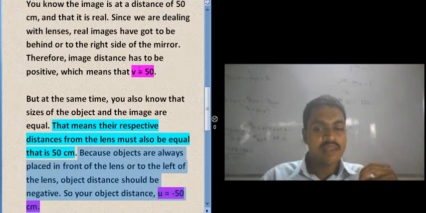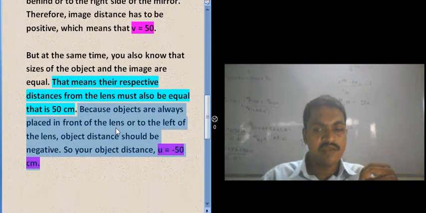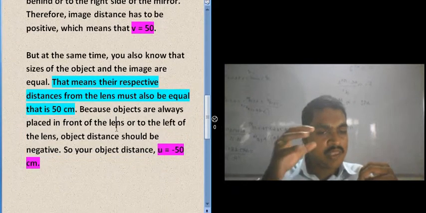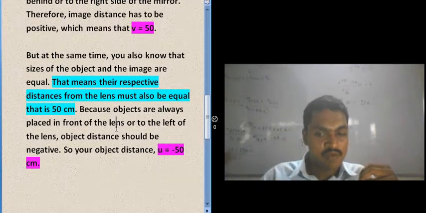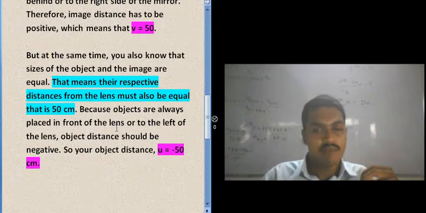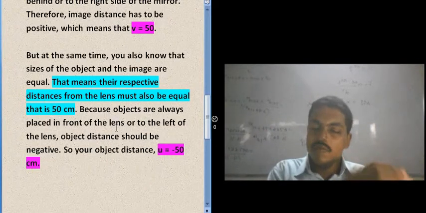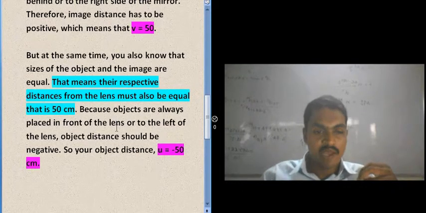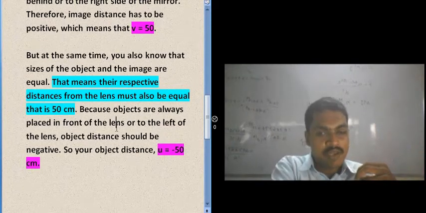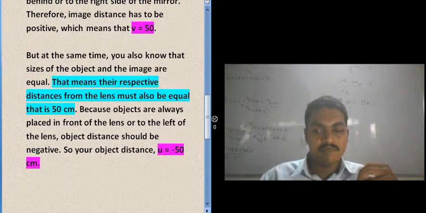But one thing you need to be careful about here is that since the object is always placed in front of the lens, your object distance U has got to be minus 50 cm, because everything to the left of the lens is negative and everything to the right of the lens is positive.